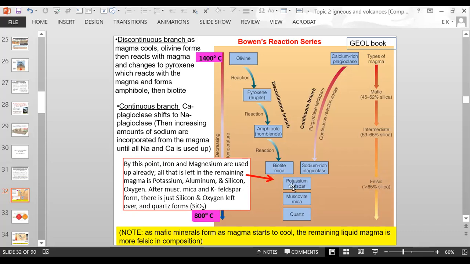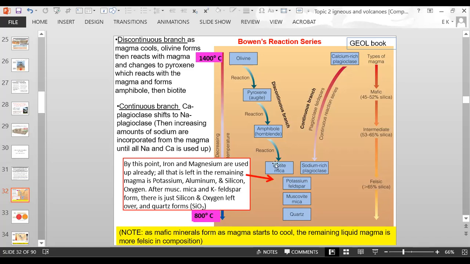So continuing to cool the magma, you're going to form potassium feldspar, which takes up the potassium, and then you form the muscovite mica also. Both of these minerals take up the rest of the potassium and aluminum. By the time the magma cools down and reaches 800 degrees Celsius, the only component left that's still liquid magma is silicon and oxygen.